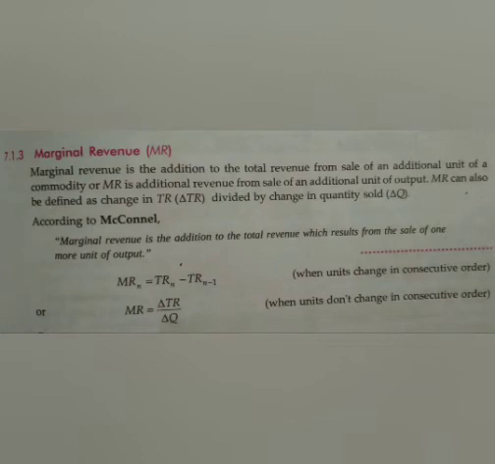Marginal revenue can also be defined as the change in total revenue divided by the change in quantity sold. So in the formula, marginal revenue is equal to delta TR by delta Q. Delta here is used to represent the change. So marginal revenue is equal to the change in total revenue by the change in quantity.